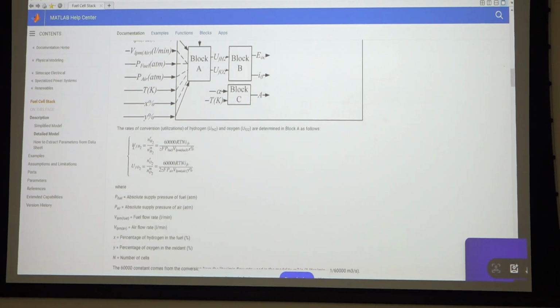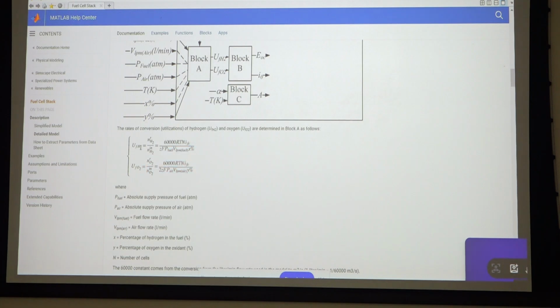So these are the equations for the utilization factor. For example, for a battery, we know the term SOC, state of charge. Basically, we use a battery within a manufacturer-specified range, like 10% SOC to 90% SOC, or 50% SOC to 70% SOC. In the same way, we have to define the fuel utilization factor here.